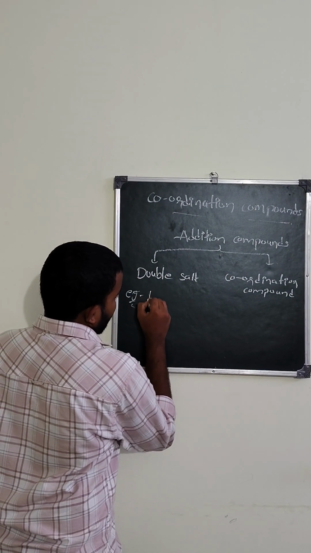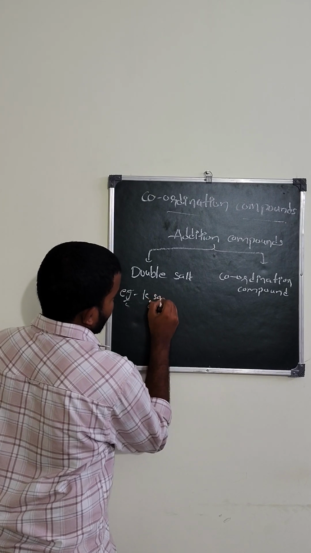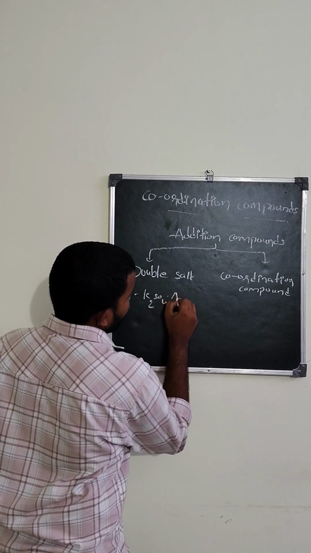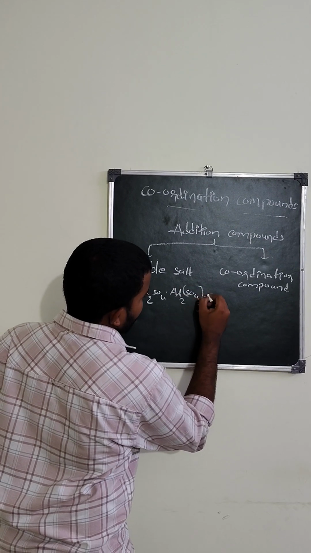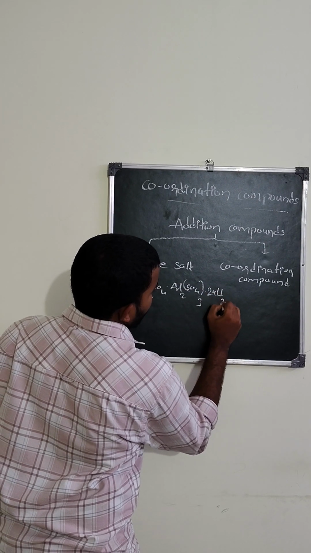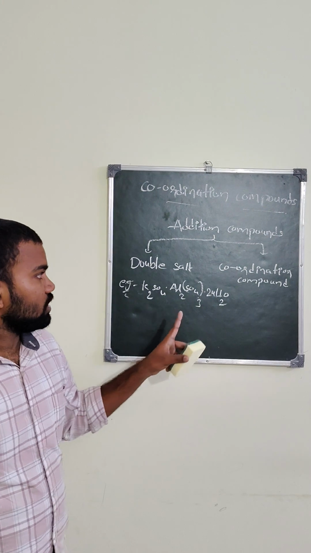For example, potash alum, Mohr's salt, carnallite. There are different double salts. For example, potash alum, K2SO4.Al2(SO4)3.24H2O. So this is a double salt.